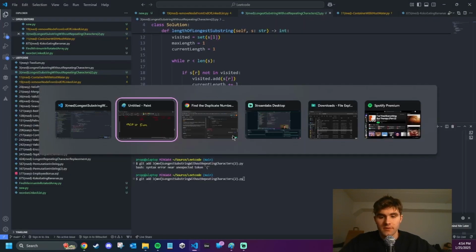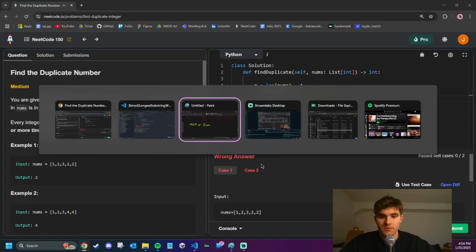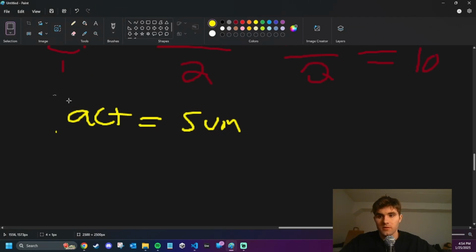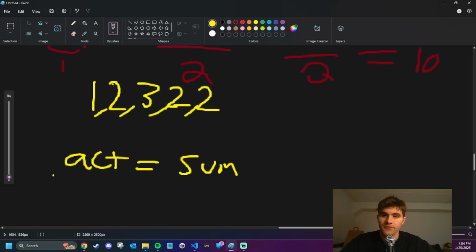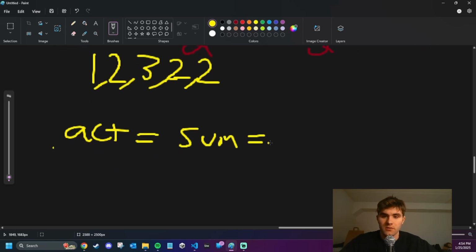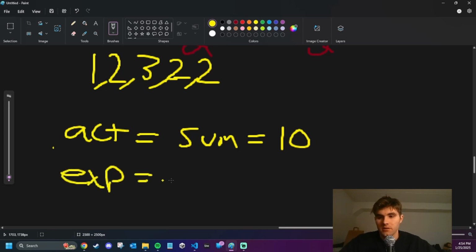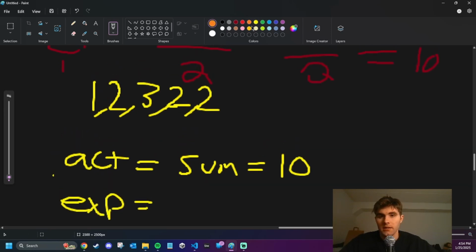So let's look at the first test case, for instance. 1, 2, 3, 2, 2. So the sum of these numbers is 6, 8, 10. 10. So expected, so n here equals 4.